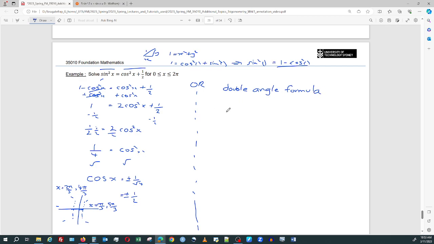If you've never seen it before, it can. So cos squared x, so that's one.